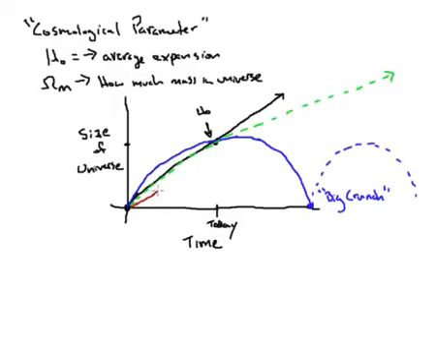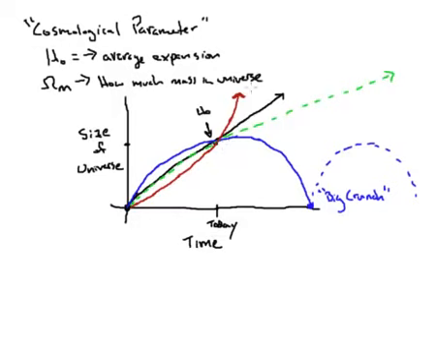And that what we've seen more recently is an acceleration of the expansion of the universe. And so this more accurately portrays, as a rough sketch, how the size of our universe has changed over time.